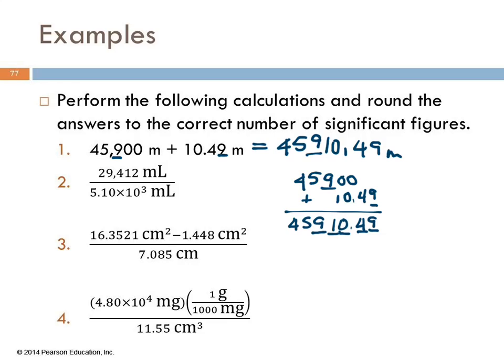Would that be good? No. When you round off those insignificant figures, you round to the correct number of significant figures, you can't change the magnitude of the number. You can't make it lots bigger or lots smaller. So this is where scientific notation comes in.